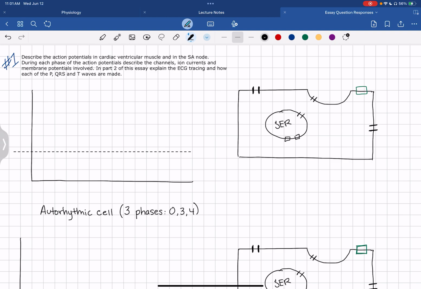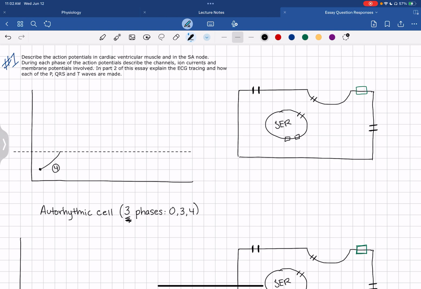So autorhythmic cells are going to have three phases. Our first phase is going to start below our line of threshold, and we call it phase 4.